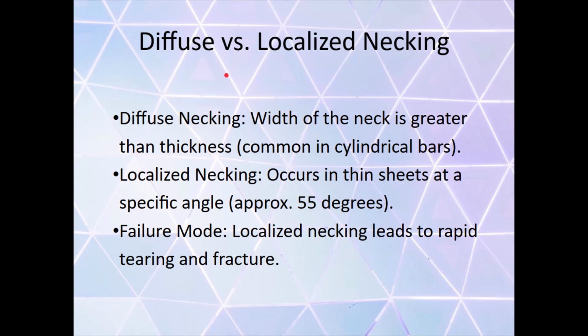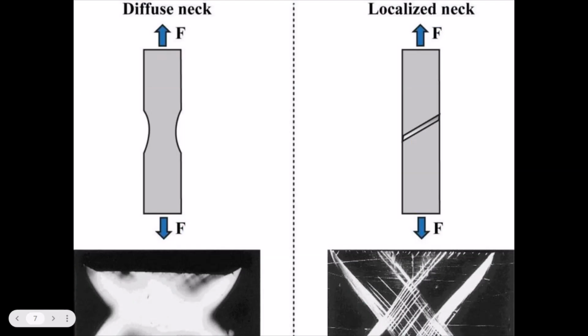Then there are the types of necking, which are diffuse and localized necking. Diffuse necking is when the width of the neck is greater than the thickness, as commonly seen in cylindrical bars.